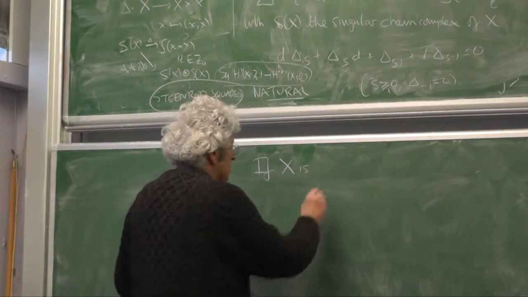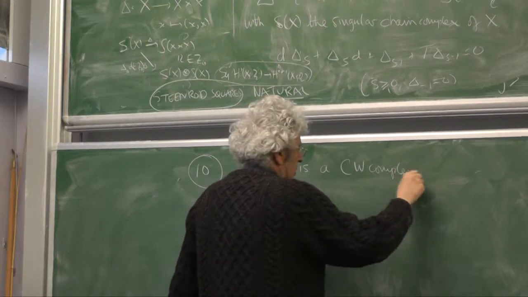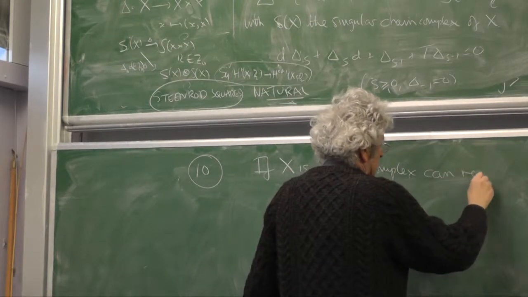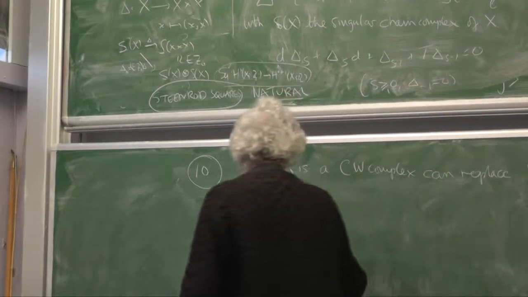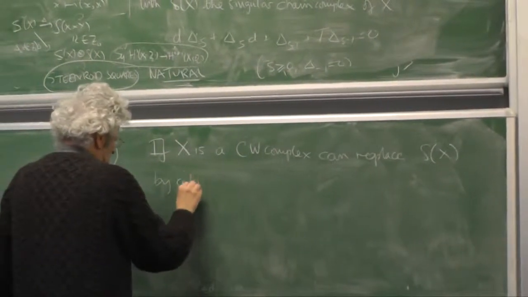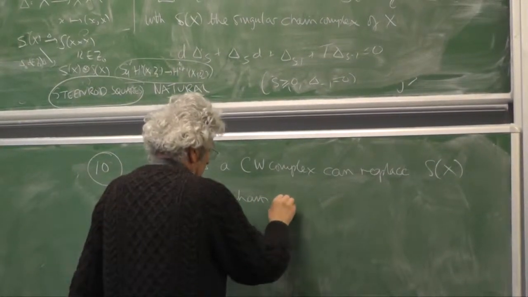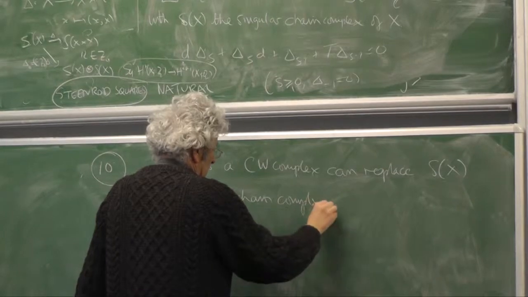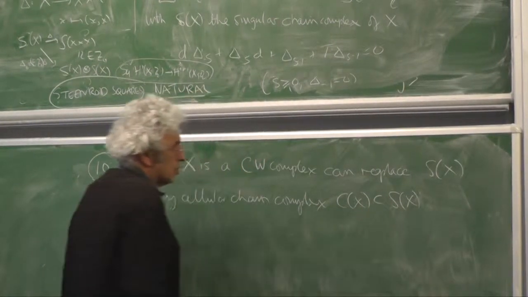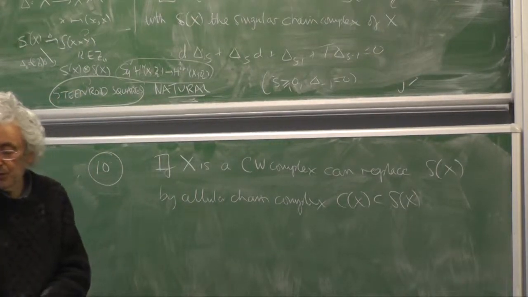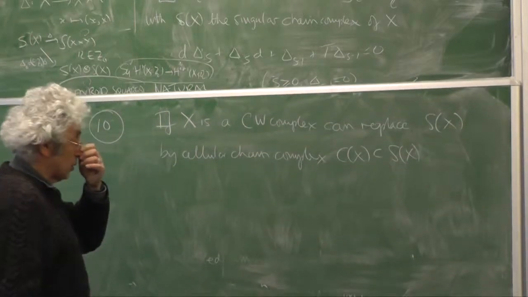Okay, so if X is a CW complex, we can replace Sx by the cellular chain complex of all the singular simplices, one for each cell, so to speak, that generates a chain homotopy deformation retract.